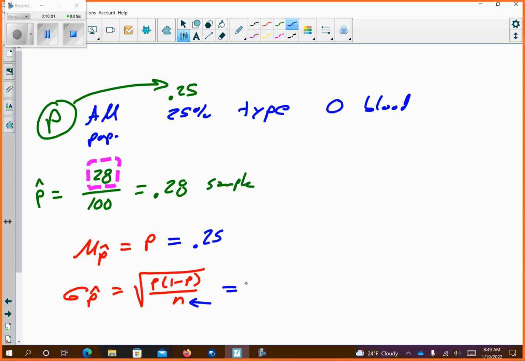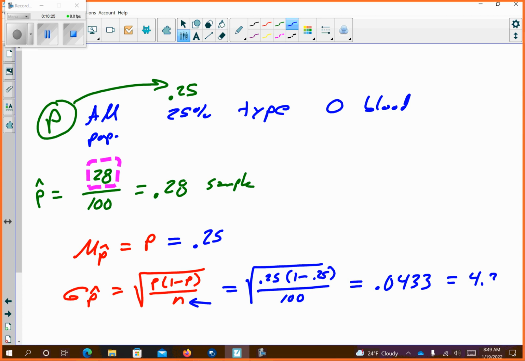So then we're going to use our equation. We're going to go 0.25 times 1 minus 0.25, and that's all going to be over 100, and then you could easily plug that into a calculator. You're going to come up with 0.0433, which means we're talking about 4.3%.